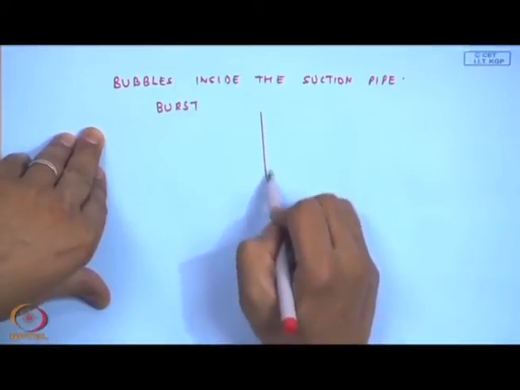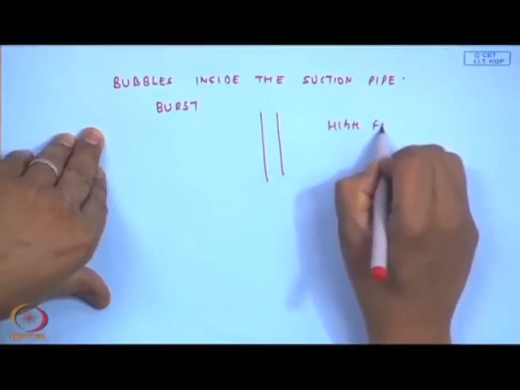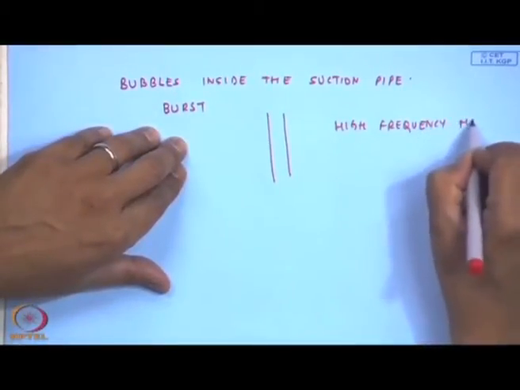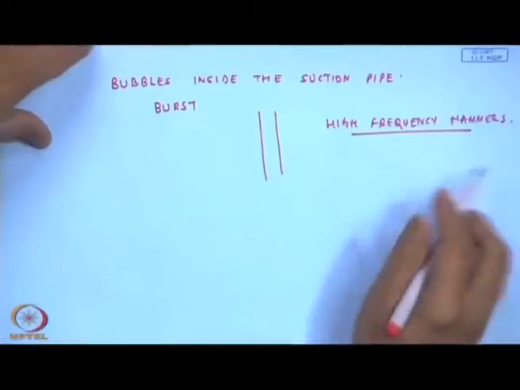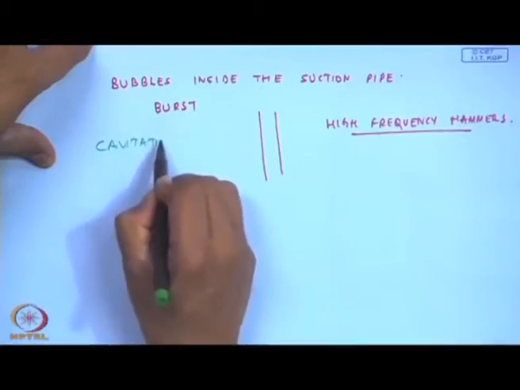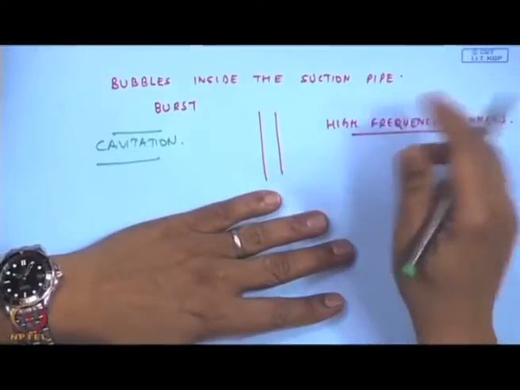So, they are like hammers, high frequency hammer, and this is what is known as cavitation. So, cavitation limits the operational pressure or flow rate of turbines, and this cavitation goes undetected.